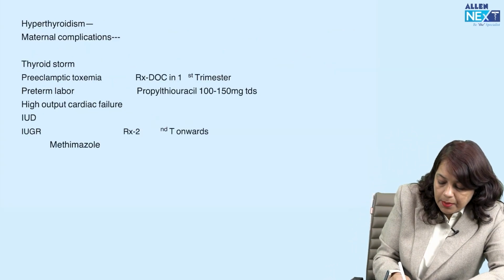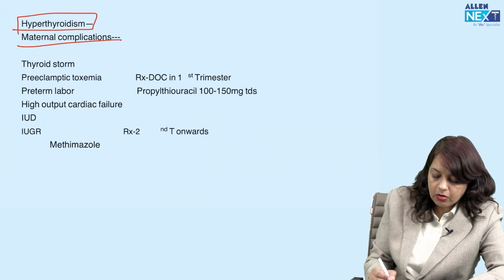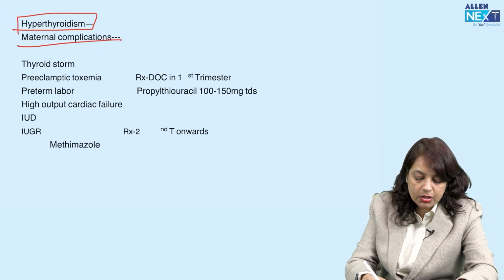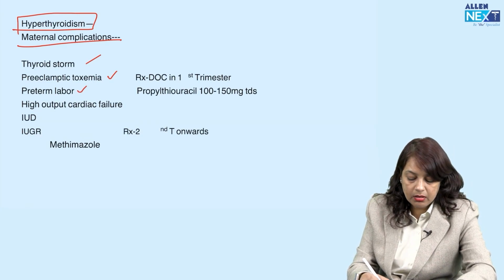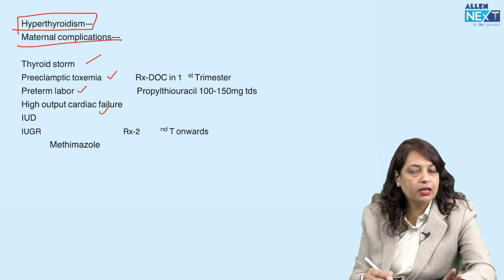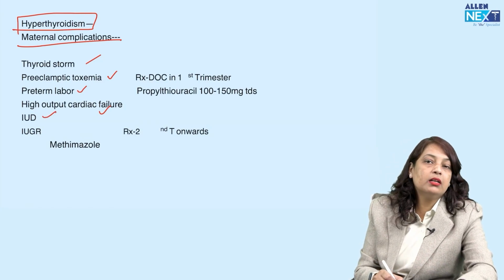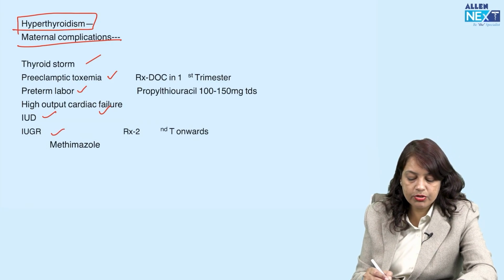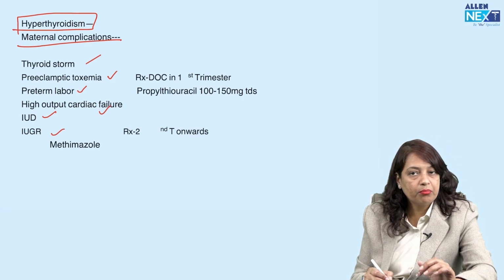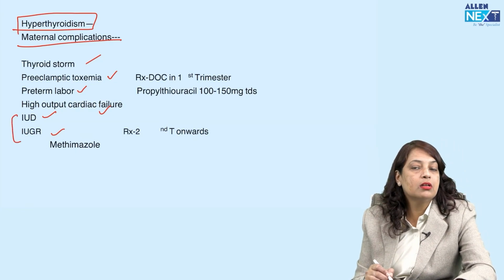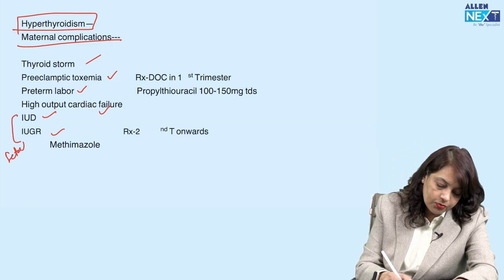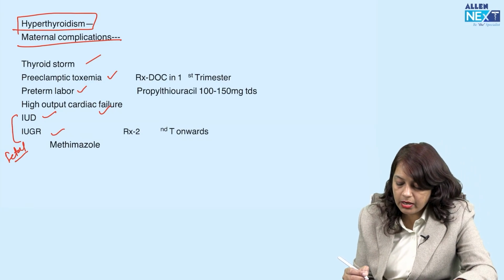Next, in hyperthyroidism, the maternal complications are usually thyroid storm, pre-eclamptic toxemia, preterm labor, high output cardiac failure because it is a hyperdynamic condition, then intrauterine death and IUGR. So those are the maternal complications and some of the fetal complications of hyperthyroidism.